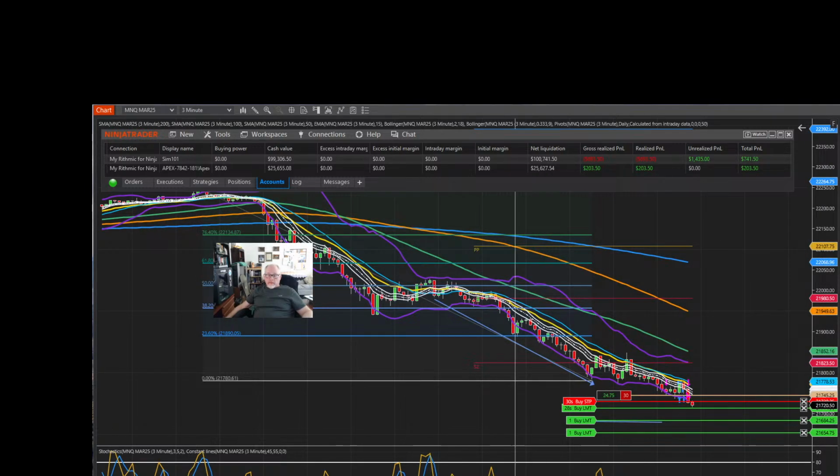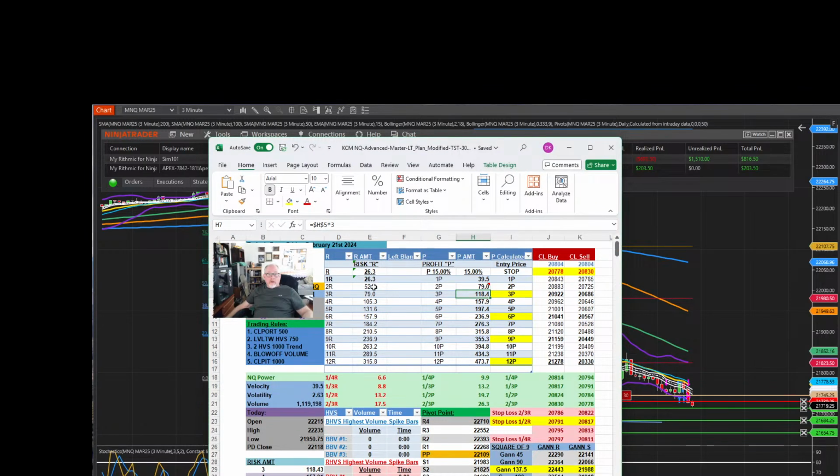All right, back to our talk. So we defined our R, and then we've defined our P. So I like 3 and a 6 and a 9 and a 12. By the way, what we also need to plug in here is the open, which was 22215 today. I didn't do that today on the spreadsheet because I'm kind of remembering how to work the spreadsheet again.